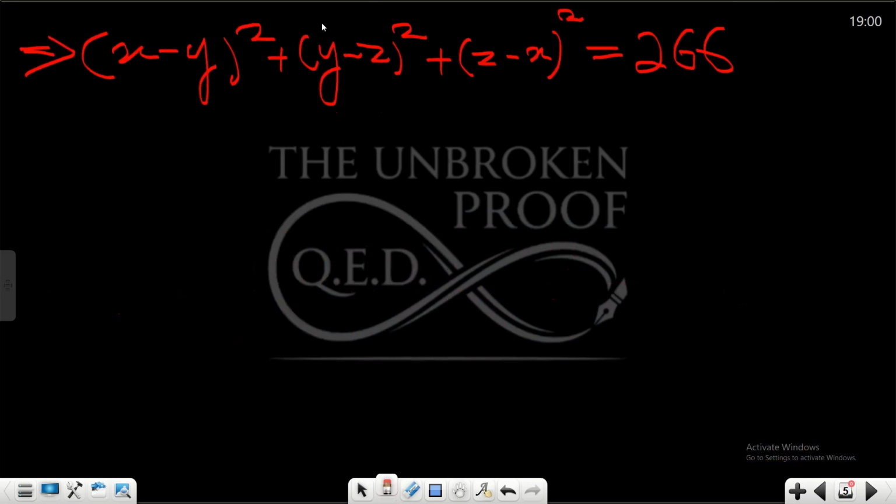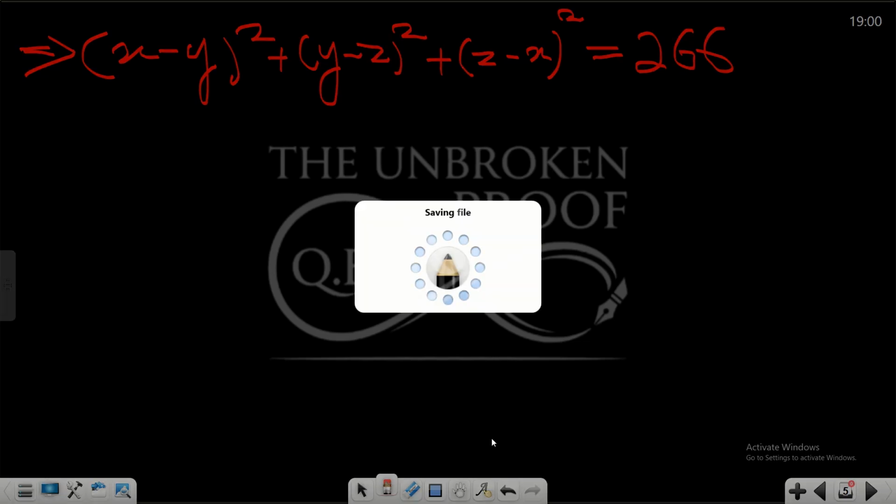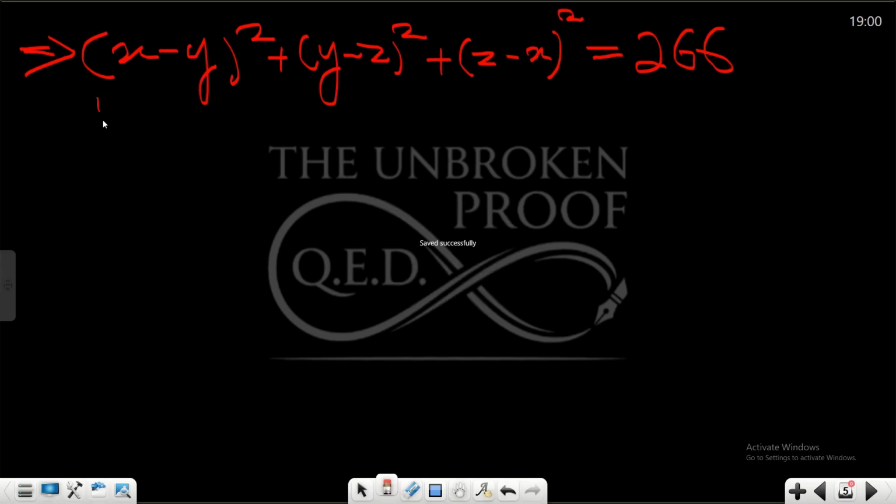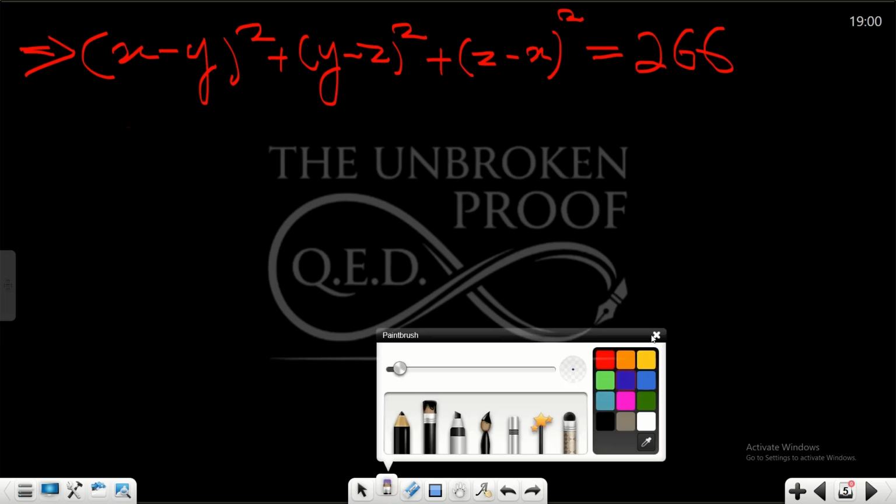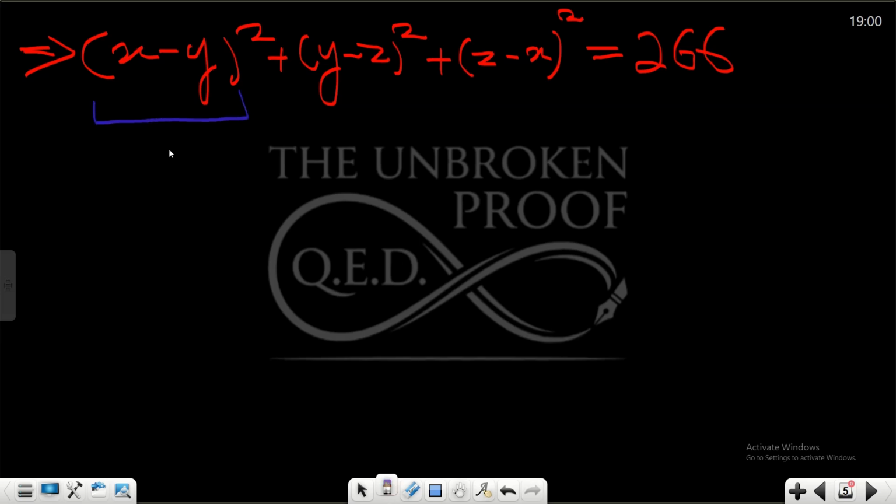So the first observation you have to notice is that if this is A, and this is B, clearly this has to be A plus B, right? I hope you can see this. This is the first condition.